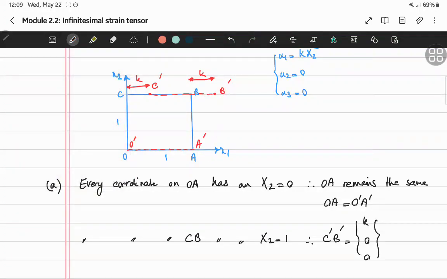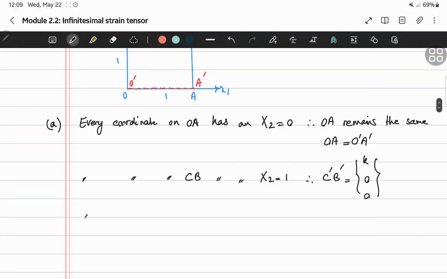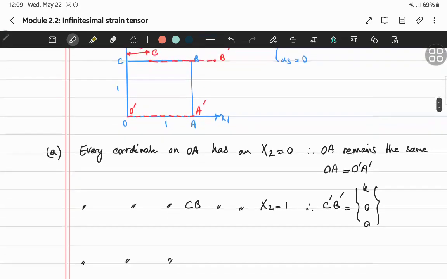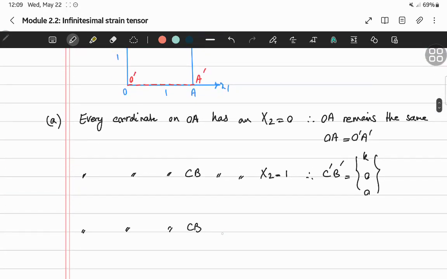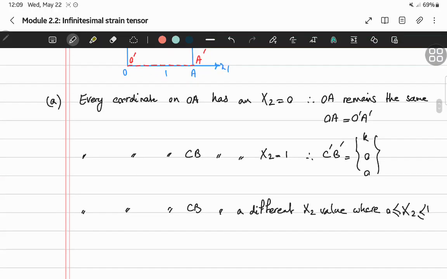Now let's do this for AB. Every coordinate on, let's say, CB has a different x2 value, where x2 is between 0 and 1.